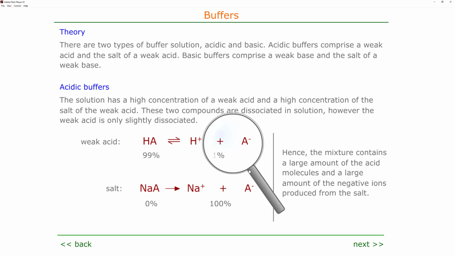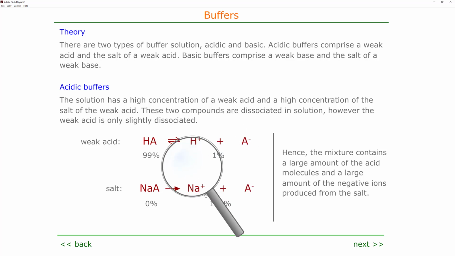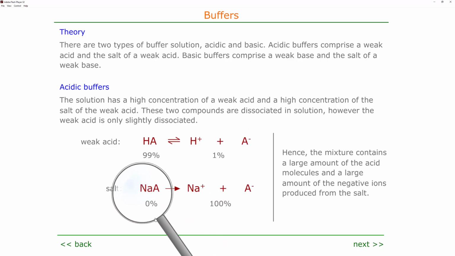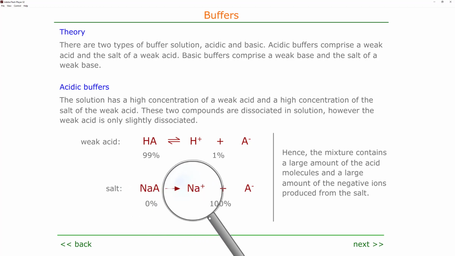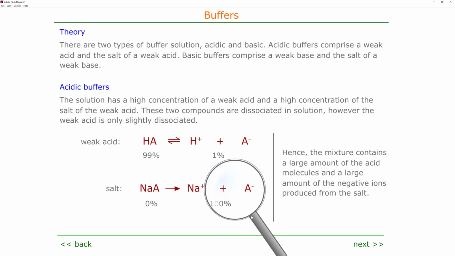However, the sodium ethanoate, the salt, dissociates 100% because it's an ionic salt. And so when we add the sodium ethanoate, we get all of the sodium ethanoate appearing as sodium ions and ethanoate ions. Okay, so what's the consequence here?